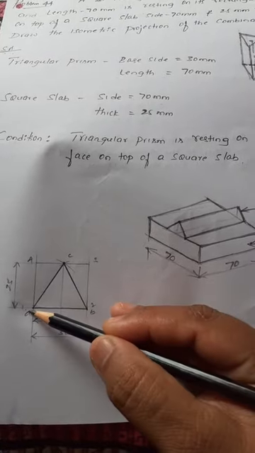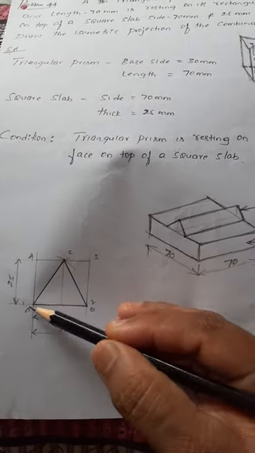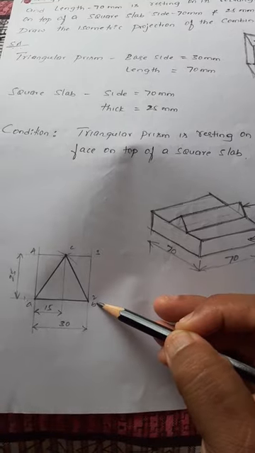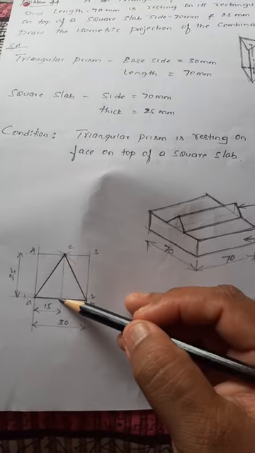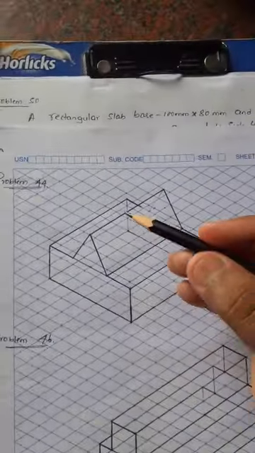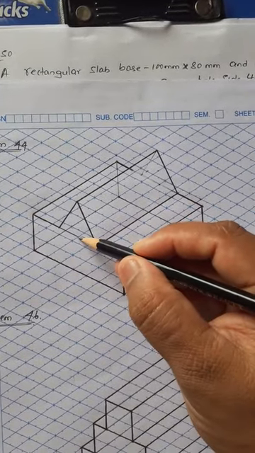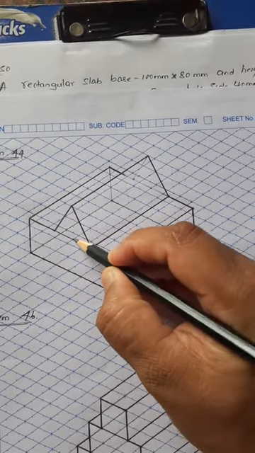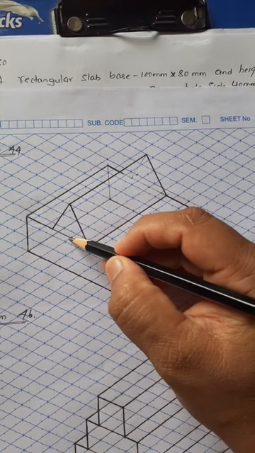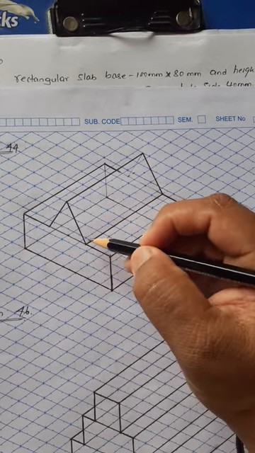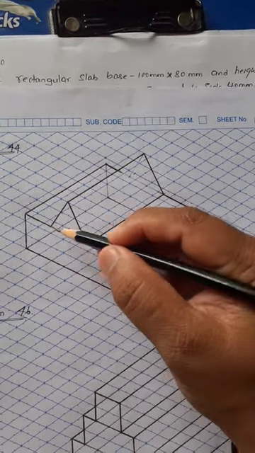The total is 30 mm, so from the center it is 15 mm, right? And the height is 25 mm. Now from the center on one edge of the square slab on the top face, measure 15 mm, which means 1.5 blocks on each side, right?